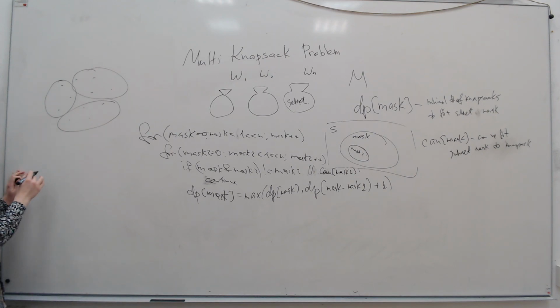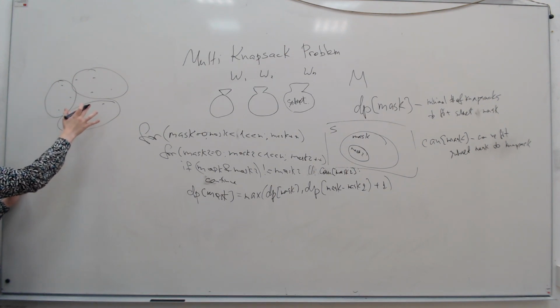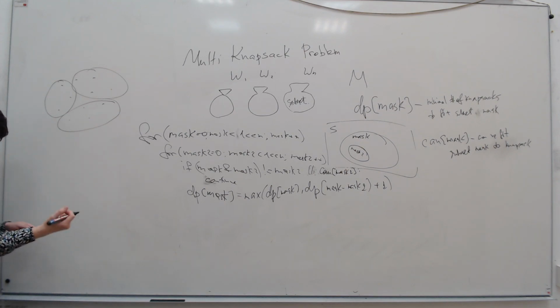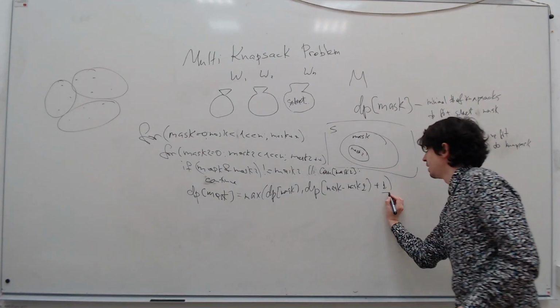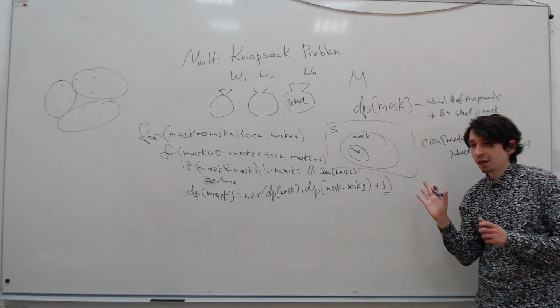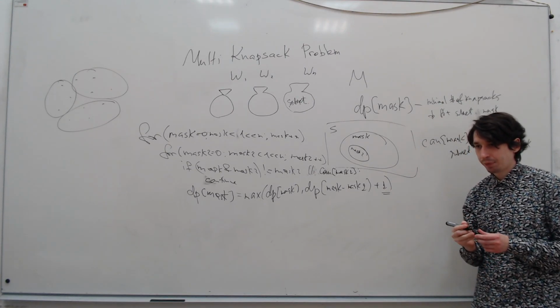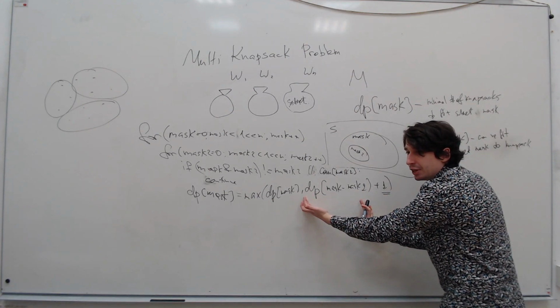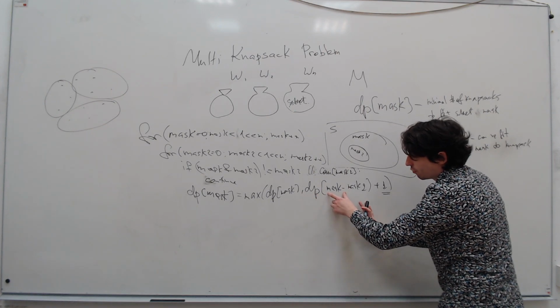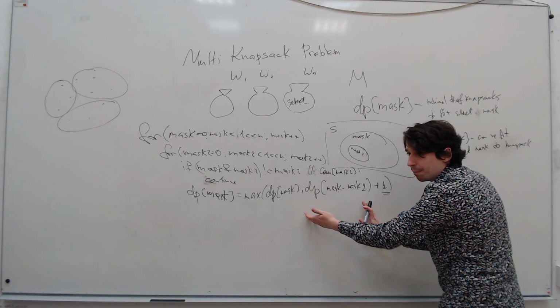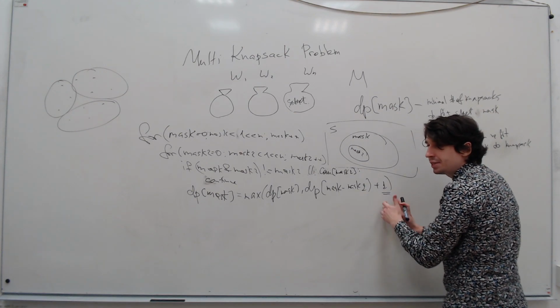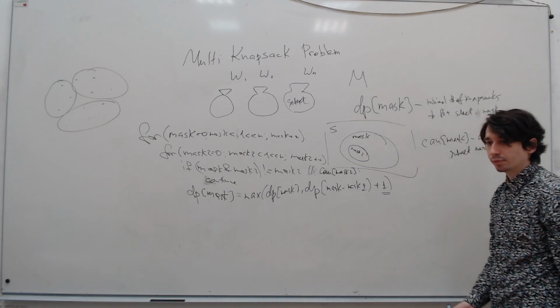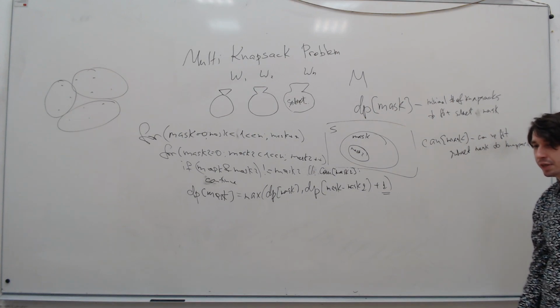So we iterate over all the subsets of these which fit into a knapsack, and we put them in the last knapsack. So this one here means that this is the last knapsack that we put down. So the answer for this DP is the minimal number of knapsacks for all the rest of the elements plus 1, which fit into the knapsack.